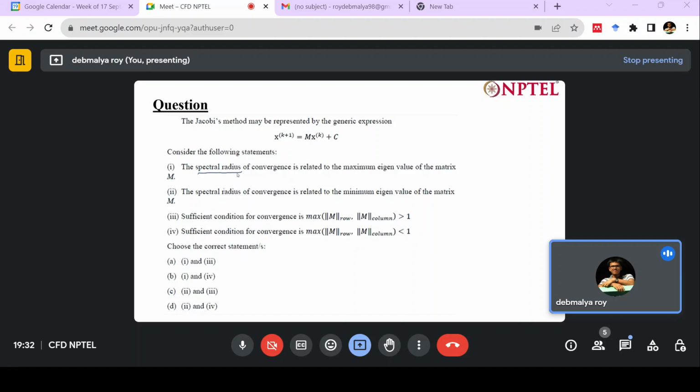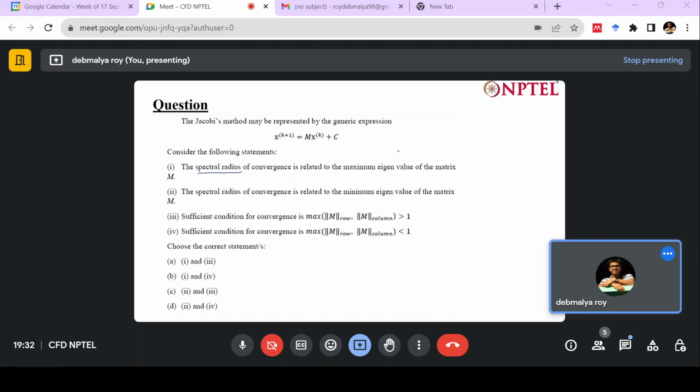So can you tell me what the spectral radius of a matrix is? Spectral radius is basically a measure of how quickly something might converge.